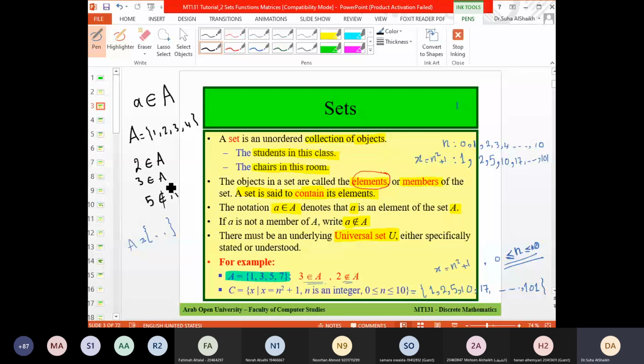No, it is not in A. It does not belong to A. So this is just a note, a way to say it is inside the set or it is not inside the set.